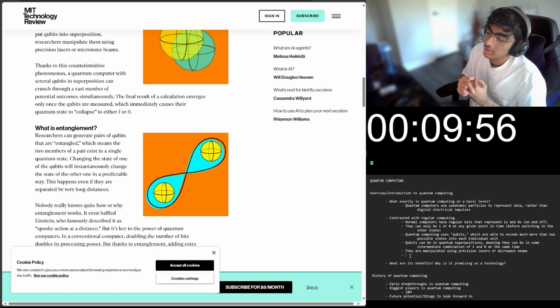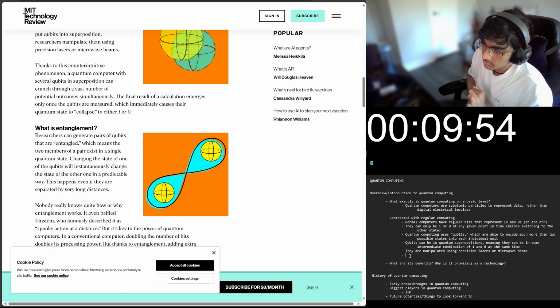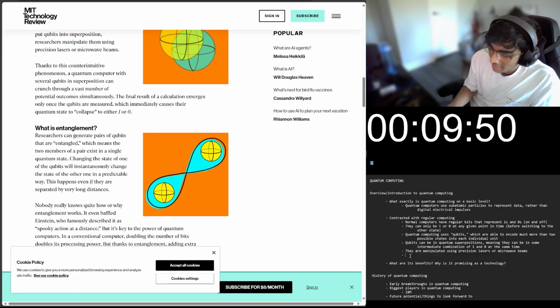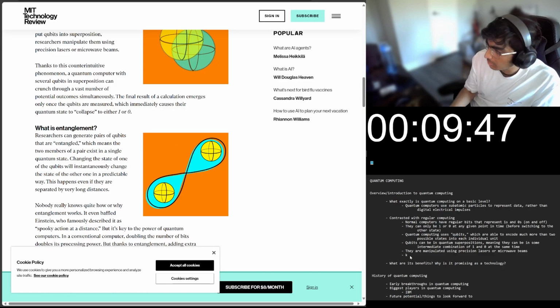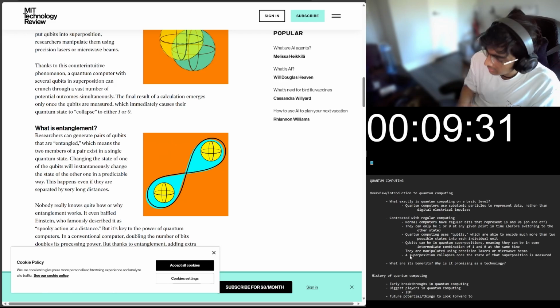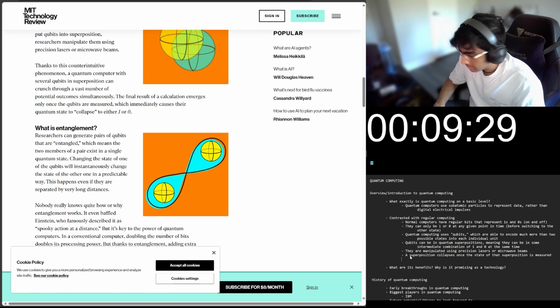I'm going to draw upon some basic quantum physics knowledge that I have, which is that any superposition collapses once its state is measured. This is called the measurement problem in quantum physics.